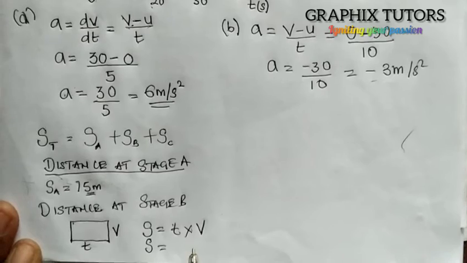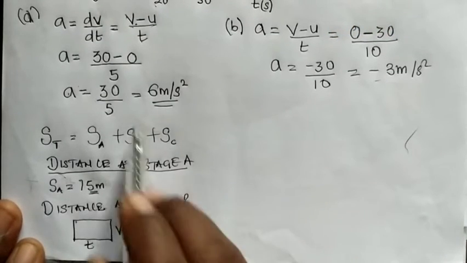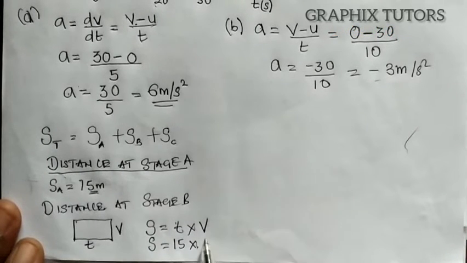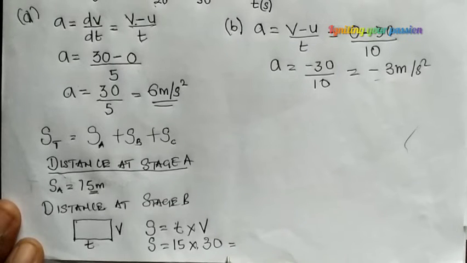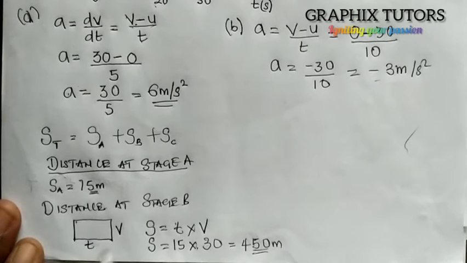So we'll say 15 times the v, which is constant, and that is what? The v is 30. So we'll now say 15 times 30 will give us 450 meters. That is at stage B.